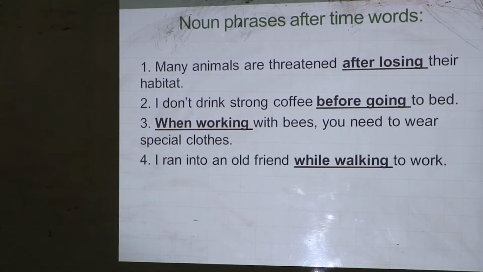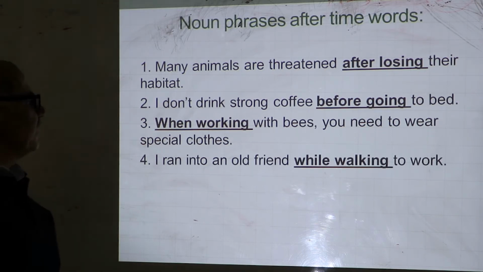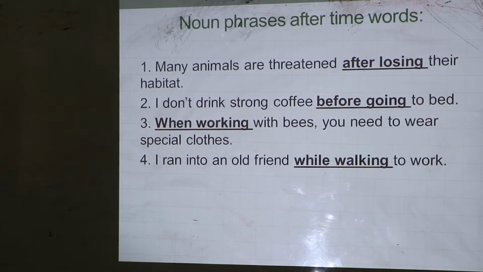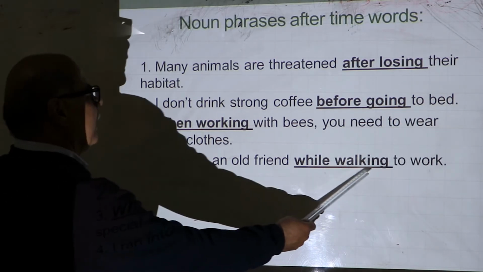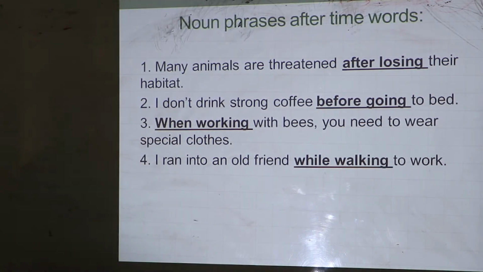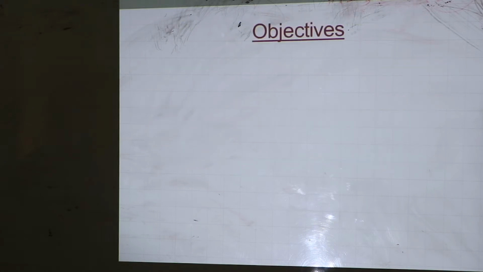Now let's move to number 4. I ran into an old friend while walking to bed. The time word is while, and it is followed by walking. Walk plus ing, walking.